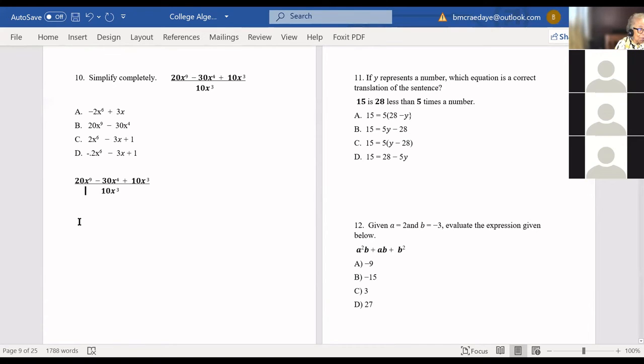So you can put here, factor out this 10x to the third, because 10x to the third goes into each one of these, right? 20x to the 9 divided by 10x to the third would give you what?